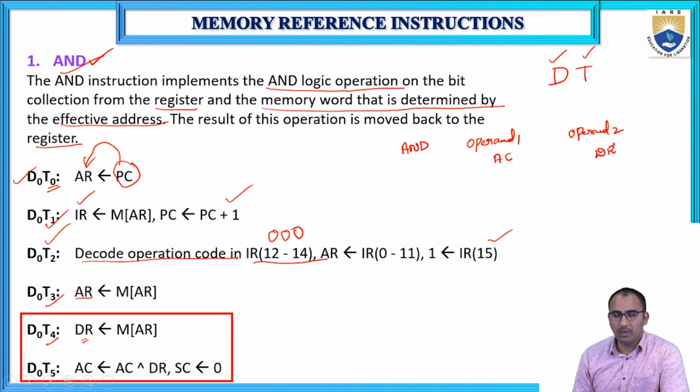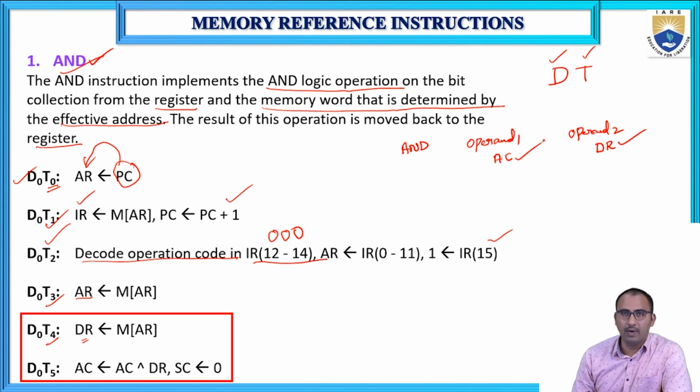Initially we are performing this AND operation between the accumulator and the memory, but we cannot perform the AND operation directly with the memory. So first the data from the memory location is copied to the data register, and after that we perform the AND operation between the data register and the accumulator.